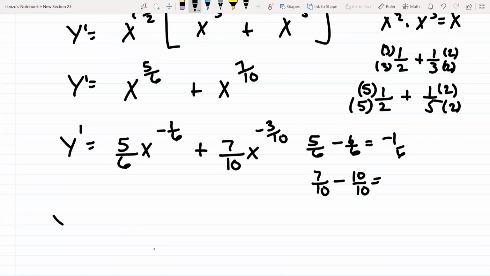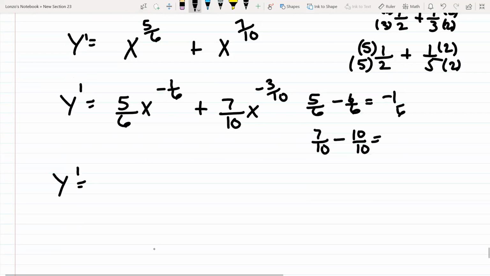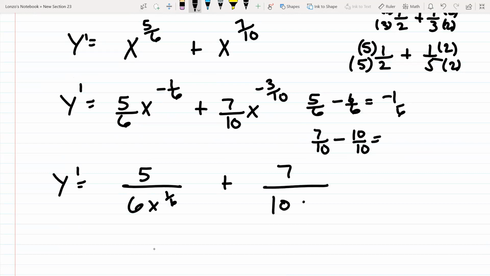And then when you use only positive power, it's going to be 5/6 x to the 1/6 plus 7/10 x to the 3/10.